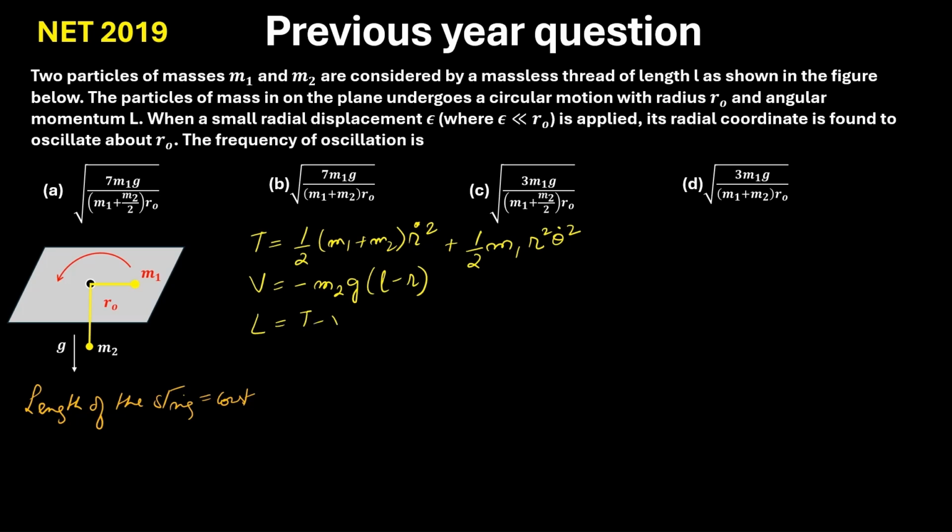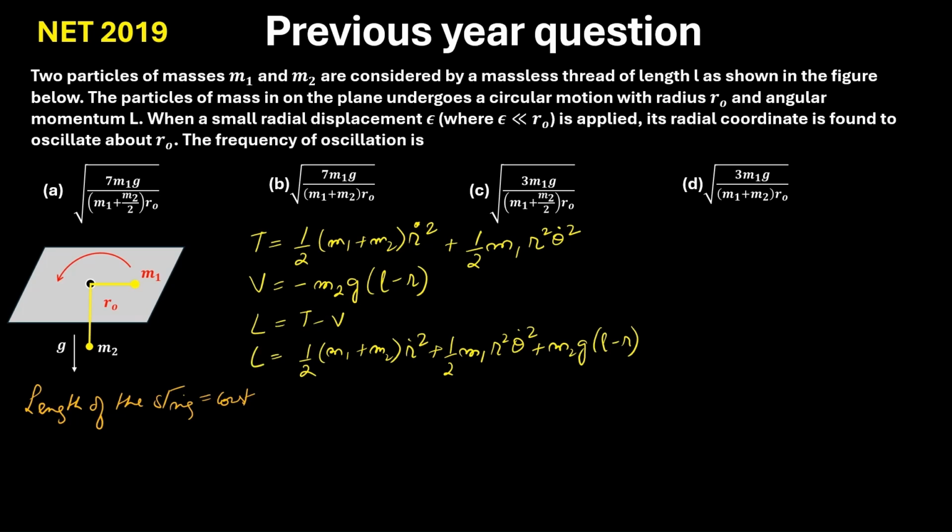It will be T minus V, so this becomes (1/2)(m1 + m2) r dot squared plus (1/2) m1 r squared theta dot squared plus m2 g (L minus r). So this is the Lagrangian.